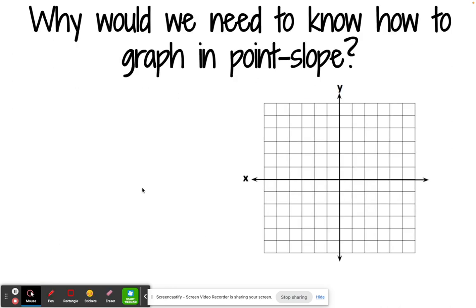What would we need to know to graph in point slope form? In this one, I have a point and I have a slope.